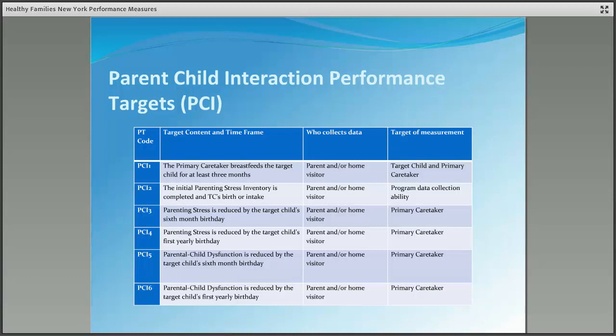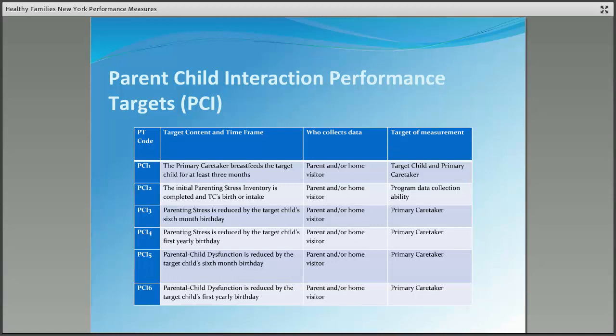The first PSI is important as it establishes a baseline of parental stress of the PC1 shortly after intake if enrolling postnatally, or just after the TC's birth if the family enrolls prenatally. For these targets, we want to identify early on the parents or PC1s that have high parental stress.